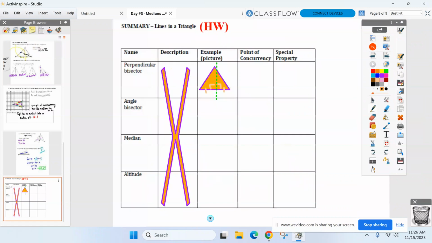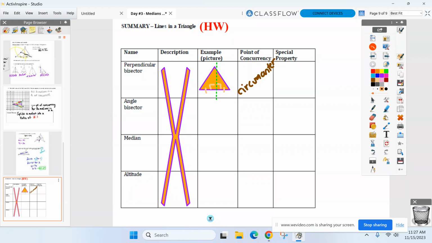All right, if I draw all 3 in, where's it going to intersect? What's that point of concurrency called? That's called the circumcenter, yep. And what's the special property? What's so great about the circumcenter?